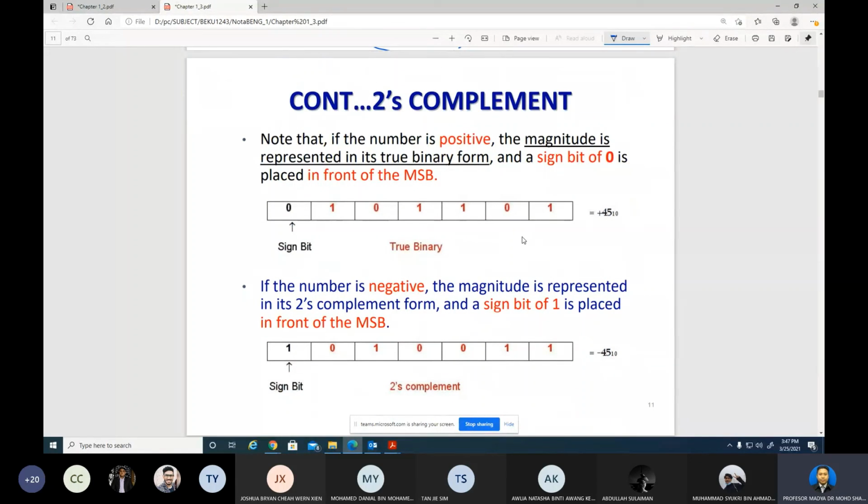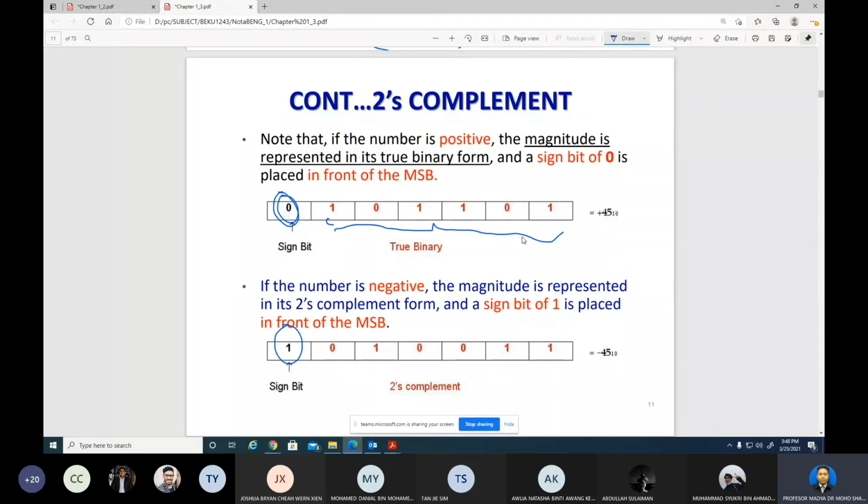Alright, so this is a similar one. This is the sign bit that I mentioned to you. This one represents the positive value or the negative value. This one is the magnitude, or true binary. Normally I call it the magnitude to present the binary form.